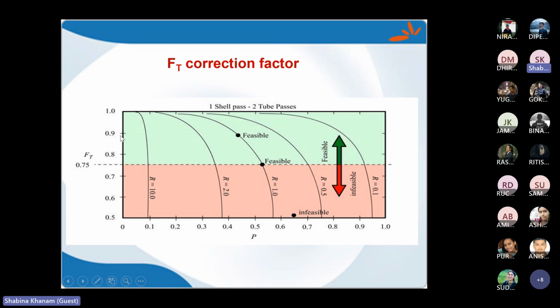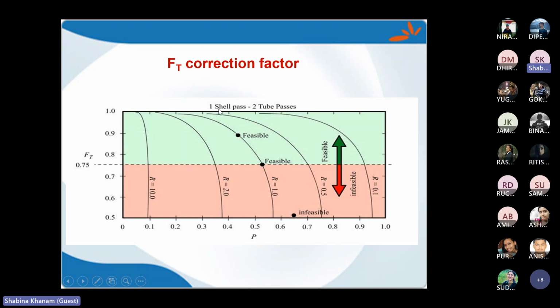Okay, now for a given combination of R and P, if your FT correction factor lies in the region below 0.75, what do you need to do to correct that? You need to increase the shell passes.